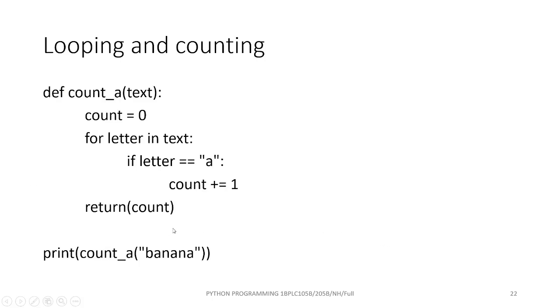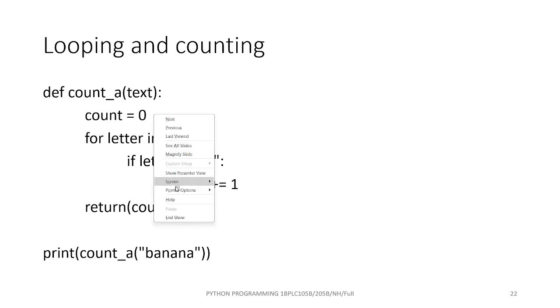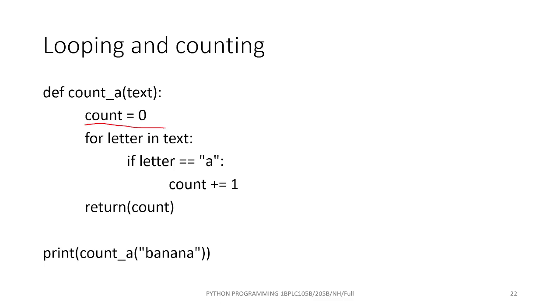In this example, we'll see how to count particular characters. Let us take banana. I'm using a function to do this operation. Initialize count to 0. I repeat for all the characters. If the character is A, I will increase the count and go to the next.